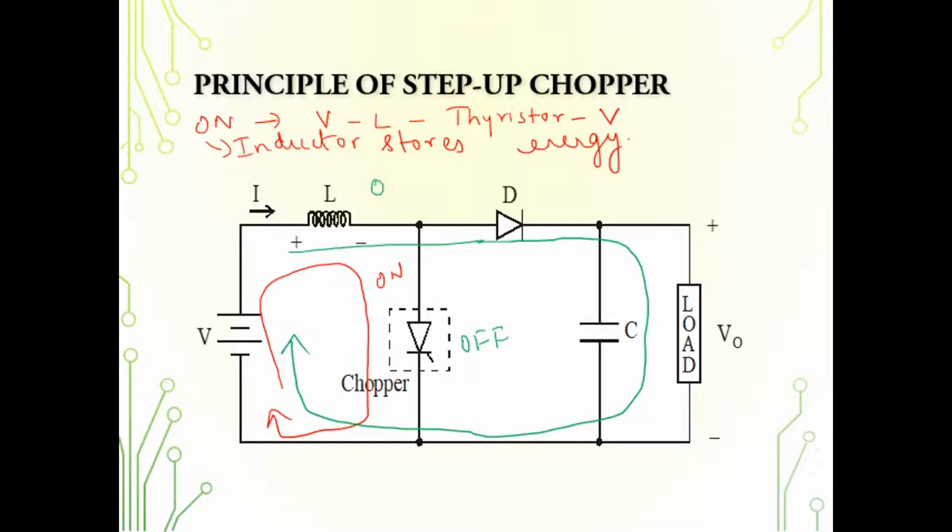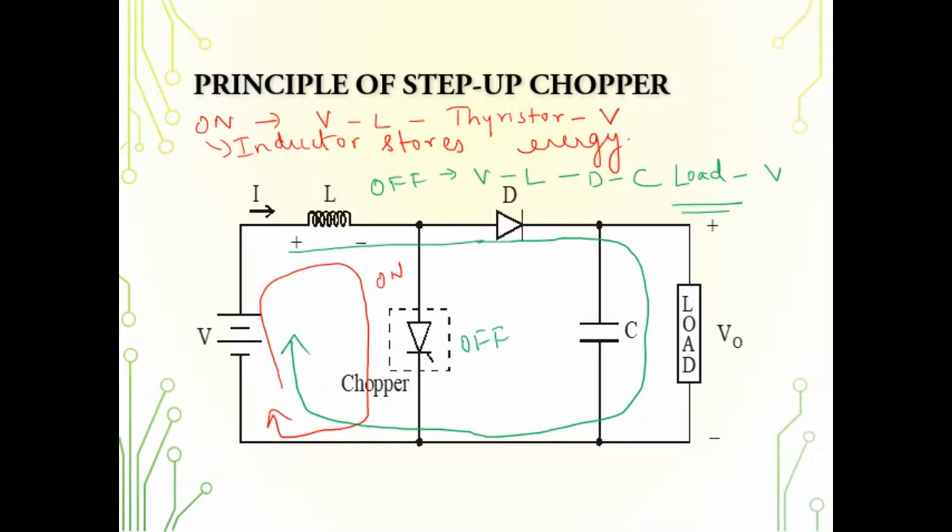So during the off period, the current flows through the inductor, through the diode, through the capacitor and the load, and then back to the supply. So this is during the off period of the chopper.